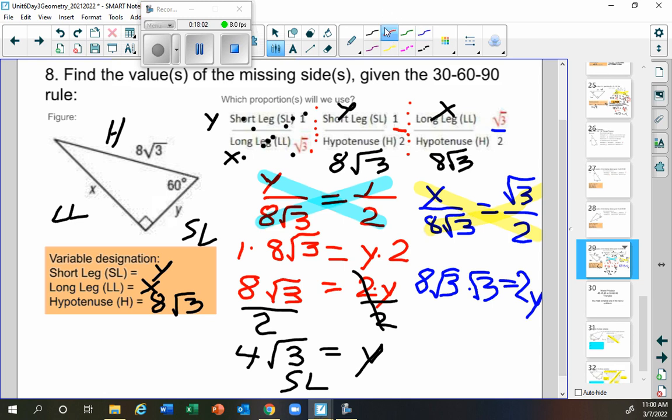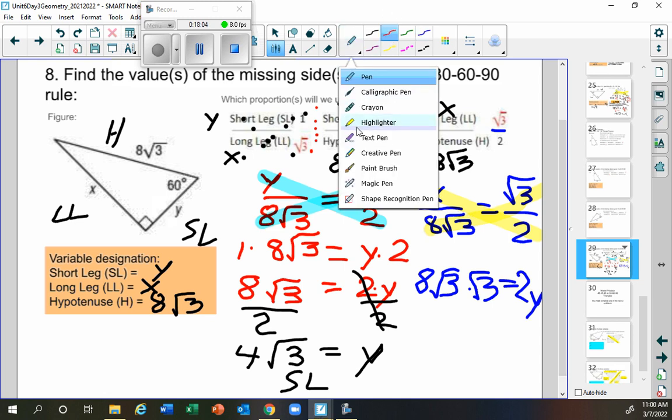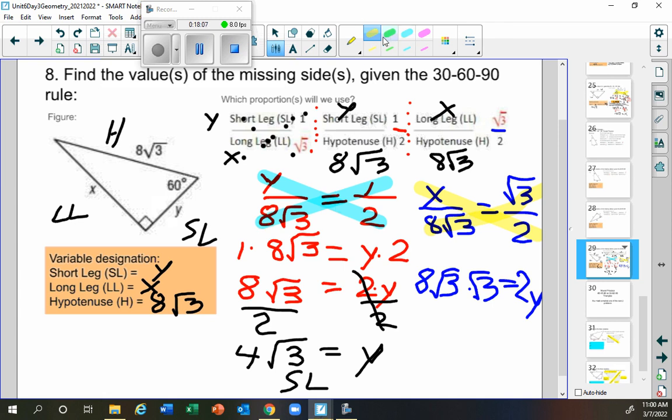However, what happens here with our square root of 3's? What does square root of 3 times square root of 3 give us? We multiply square root by itself. What do we get? Just 3. So now you're just left with 8 times 3. But what is 8 times 3? 8 times 3 is 24.